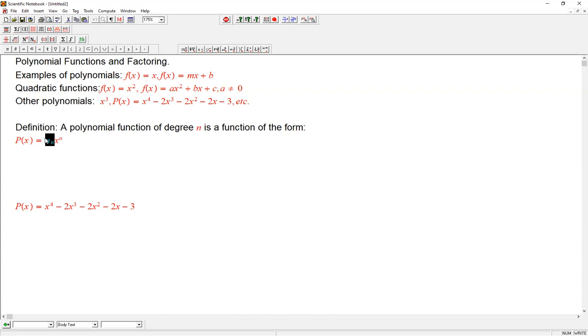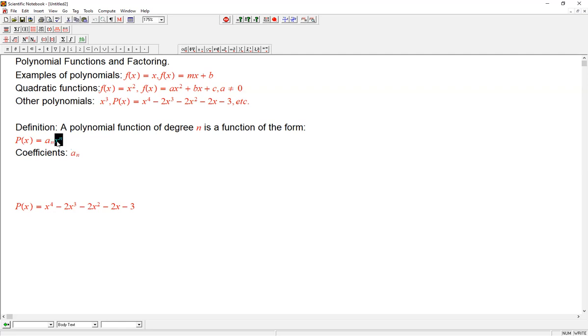And a sub n is called a coefficient. We're going to have more coefficients.